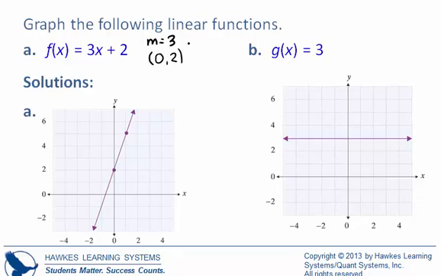And so with that information, we can draw our graph. We can plot the point 0, 2. Then we can use the slope to find the next point. Remember that the slope is technically 3 over 1.